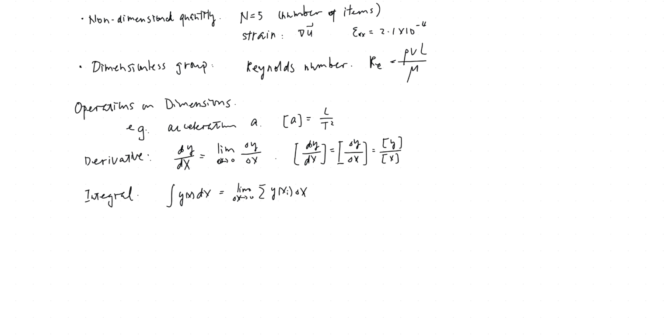So that means if you want to take the dimension of the integral of y dx, it's the same as the dimension of the summation of y(x_i) delta x. And it's the same as the dimension of y multiplied by the dimension of x.